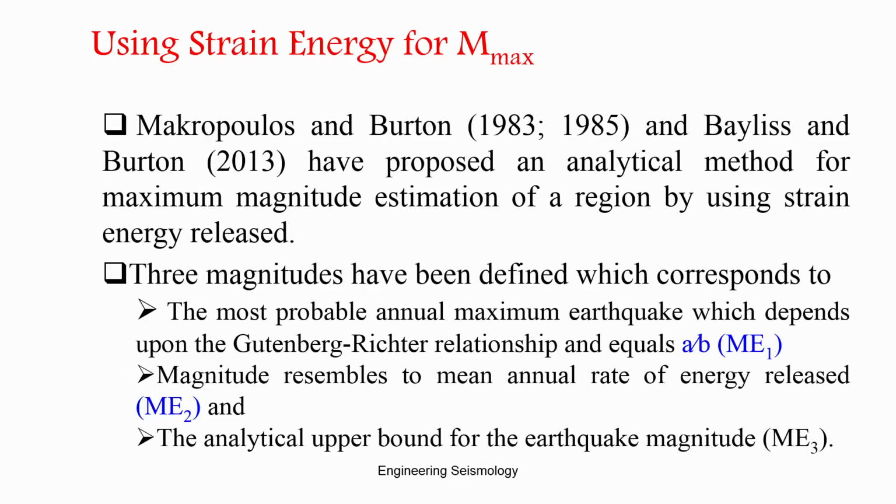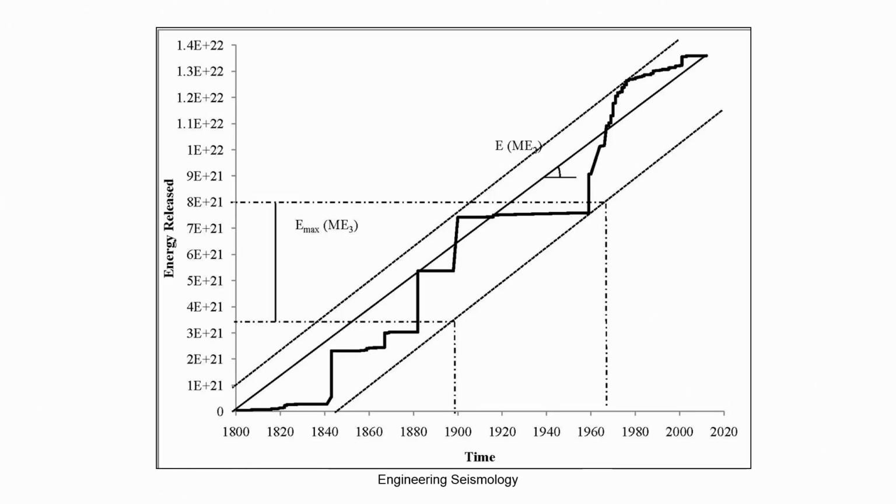The first corresponds to the most probable annual maximum earthquake, which depends upon the Gutenberg-Richter relation with a and b, and is called ME1. The second resembles the mean annual rate of energy released, that is ME2. The analytical upper bound of the earthquake magnitude is called ME3. In this, they estimate a strain from the different earthquakes in the region.